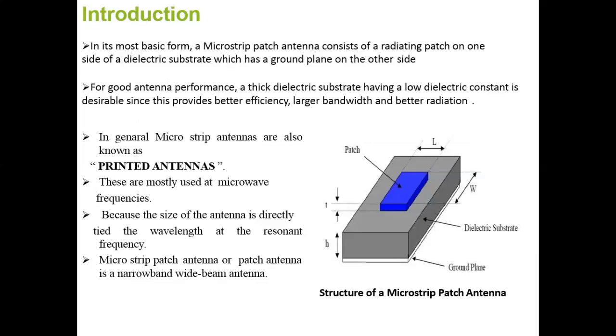In its most basic form, a microstrip patch antenna consists of a radiating patch on one side of a dielectric substrate which has a ground plane on the other side. That is very, very important. For good antenna performance, a thick dielectric substrate having a low dielectric constant is desirable, since this provides better efficiency, larger bandwidth, and better radiation.